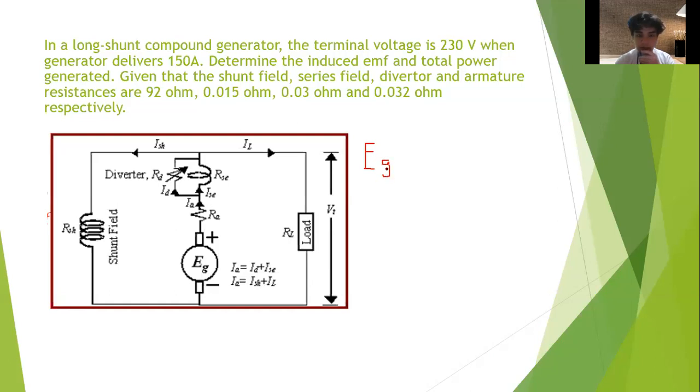This is the generated armature power. This is the equation for us to obtain the power generated in the armature: voltage times current.